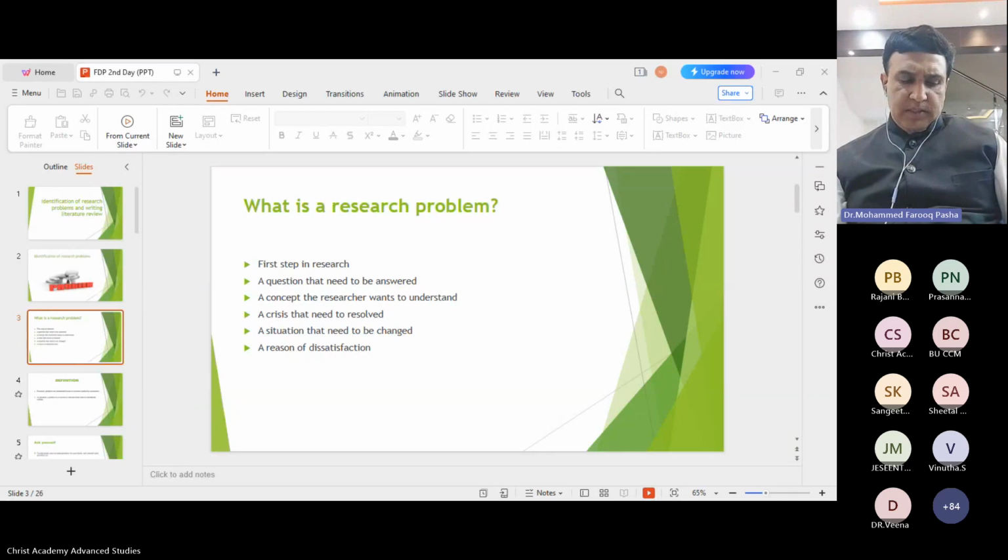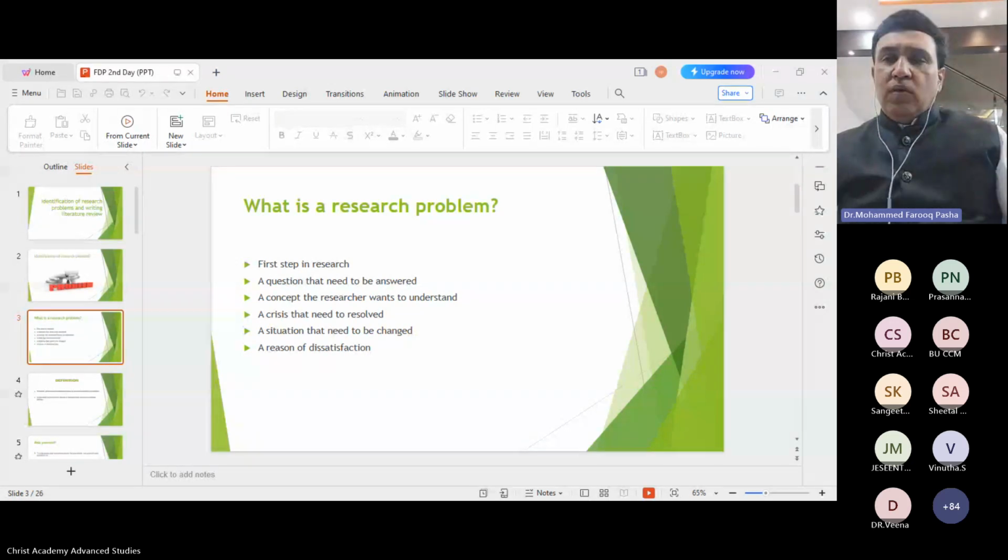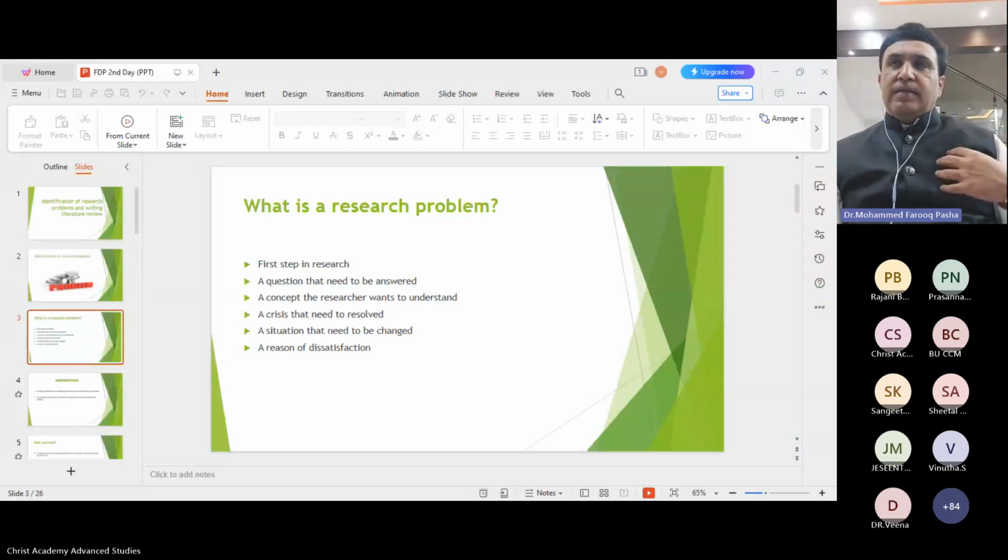Now, when it comes to the concept of the researcher, let us understand the researcher. If I am a researcher, it is not only that I am understanding and solving my problem, but at the same time I am understanding the problems of others in the same area. I am also coming out with a successful solution which is supposed to be correct.